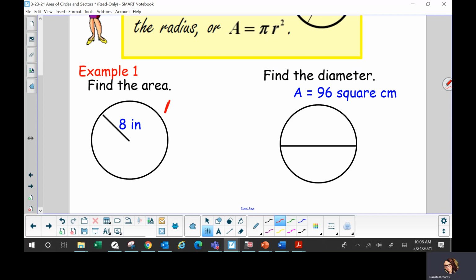Okay, so area equals pi r squared. Just plug in an 8 for r. Yeah, 64 pi.